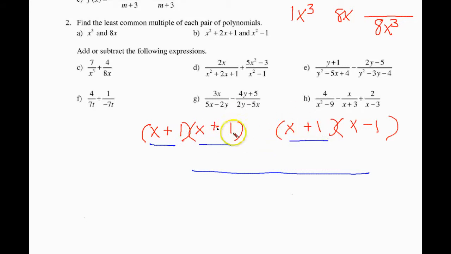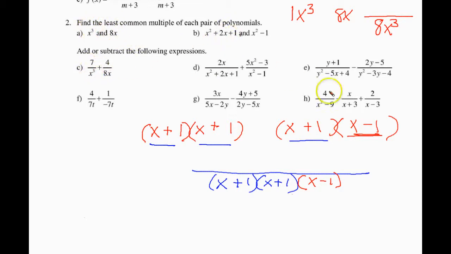So the greatest number of times it's used in any one factorization is twice. So as part of our lowest common denominator here, we're going to need two of those. Now there's only one other factor used, and the greatest number of times it's used in any one factorization is once. So we need one of those. And that's the rule. So that's for number 2.